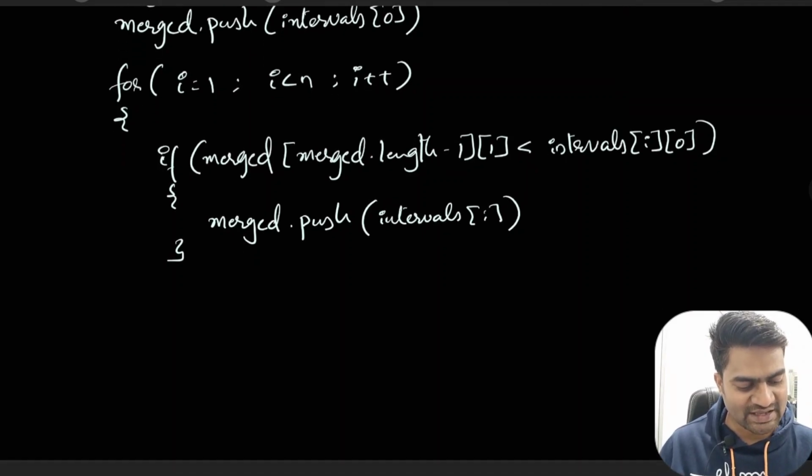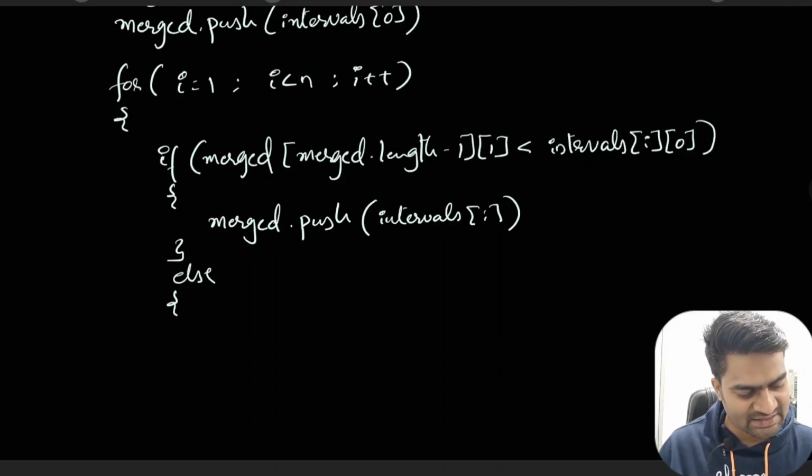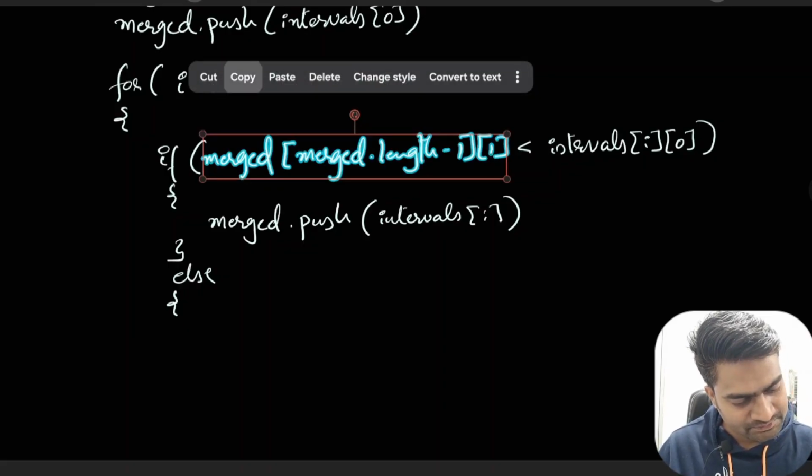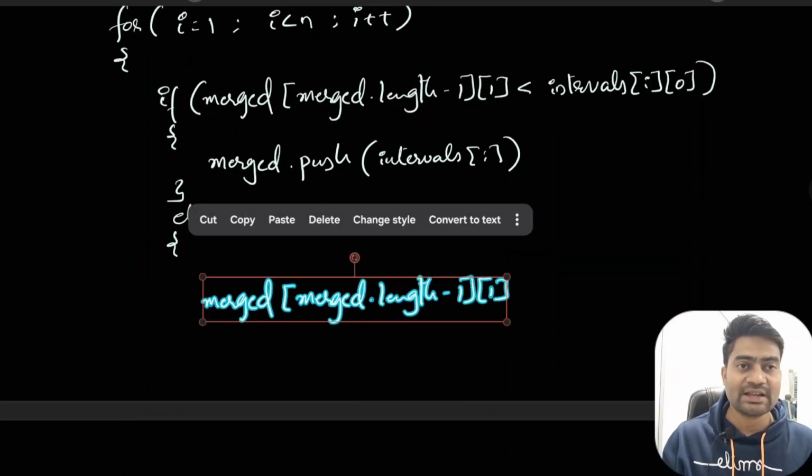If that is not the case, now in the else part, we know that overlap exists. So if that is the case, then what I need to do, I will basically take this part. Okay, so I will have to simply update the second value.